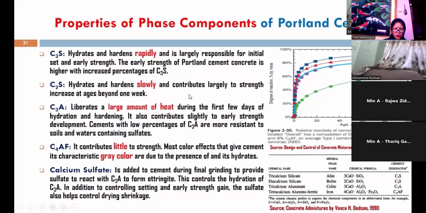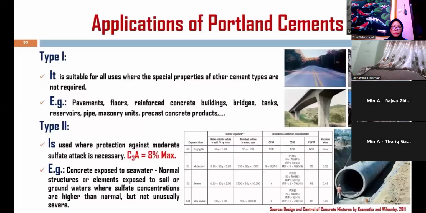And this figure shows the reactivity of the different phases. As we see, the phase with the highest reactivity is tricalcium aluminate, and the lowest is dicalcium silicate. The application of different Portland cements.